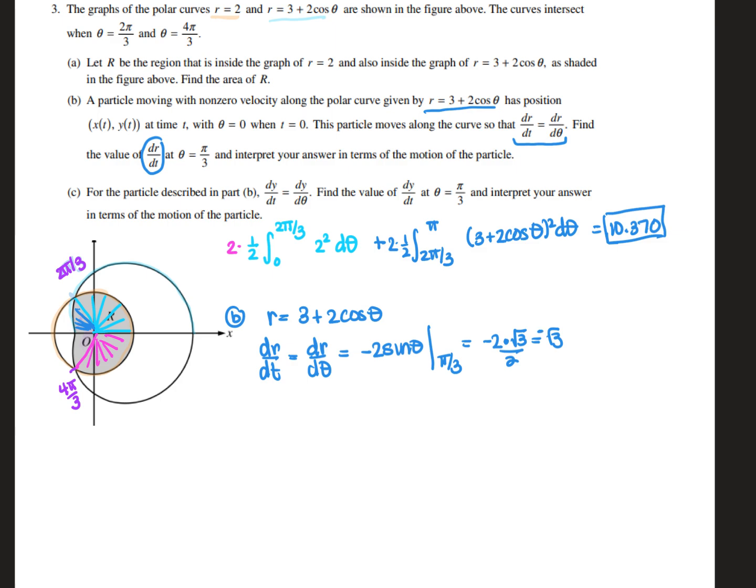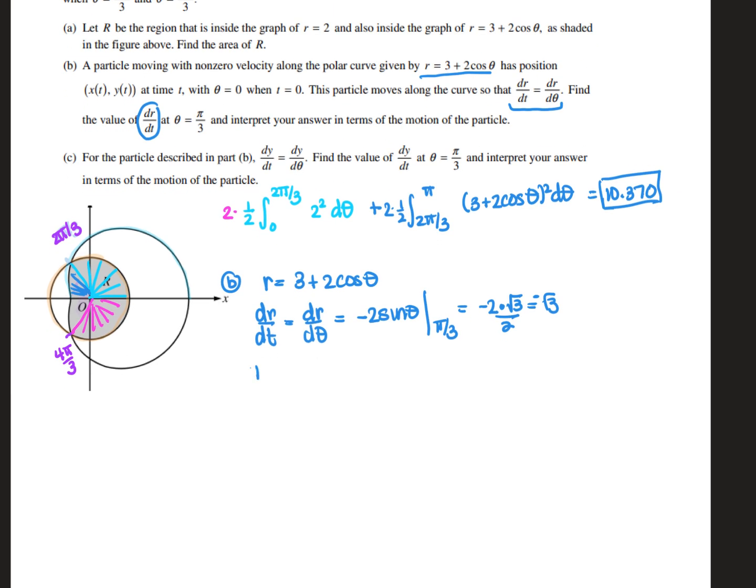The particle is moving closer to the origin since dr dt is less than 0, r is greater than 0, and this is at theta equals pi over 3.